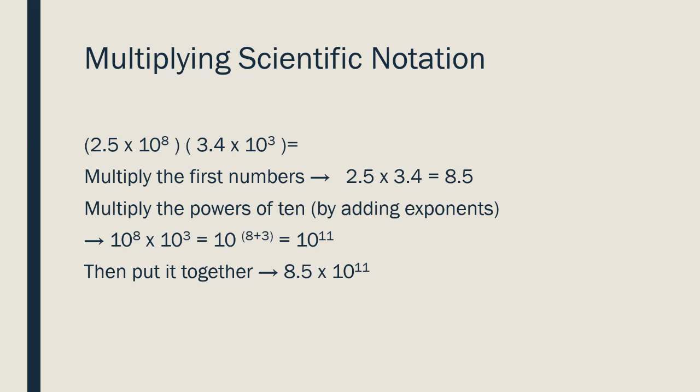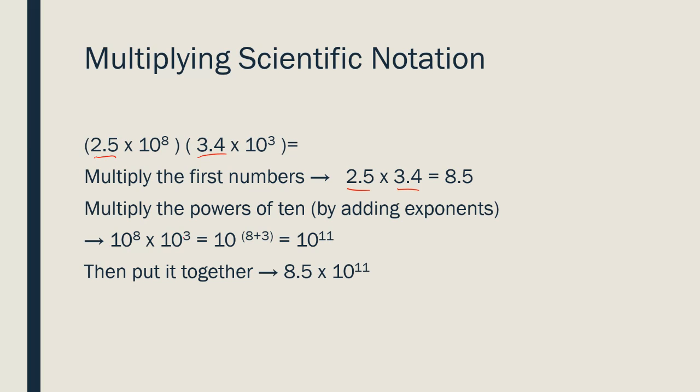Multiplying scientific notation. If you're going to multiply scientific notation, you take these first numbers and you just multiply them. So 2.5 times 3.4 is 8.5. Remember, when multiplying, you can change the order. I can't remember the name of that property in math, but basically, A times B times C times D is the same as A times C times B times D. Anyway, you multiply those, you get a number.